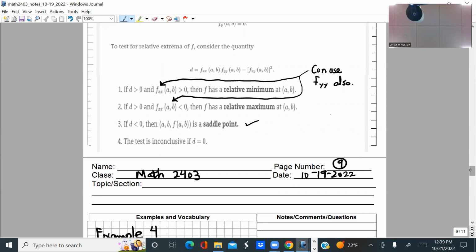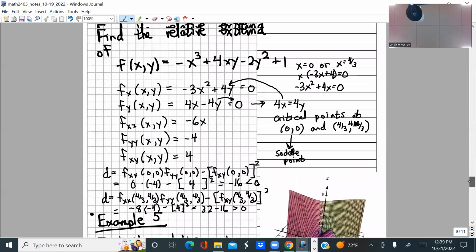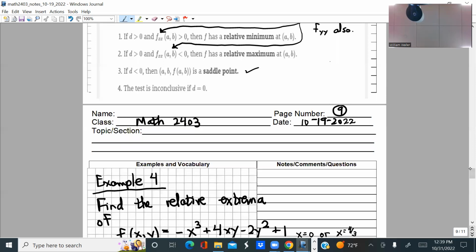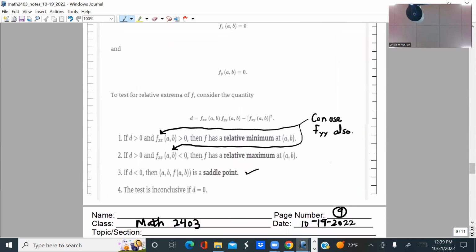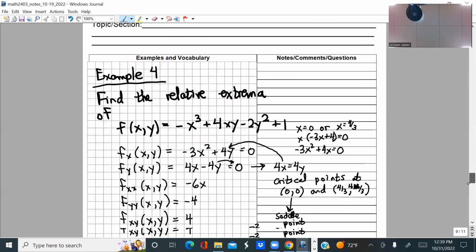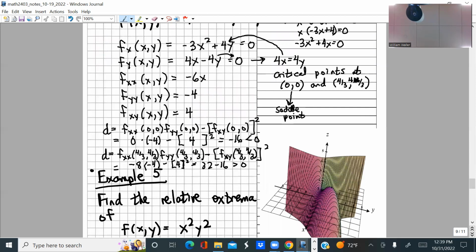Was that -8 when we calculated it? So we're in the second situation. D is positive, and the second partial derivative with respect to x was -8, which is negative. So we have a relative maximum at 4/3. Oh, nice. Which I think corresponds to our picture, so you can see we have a relative maximum.